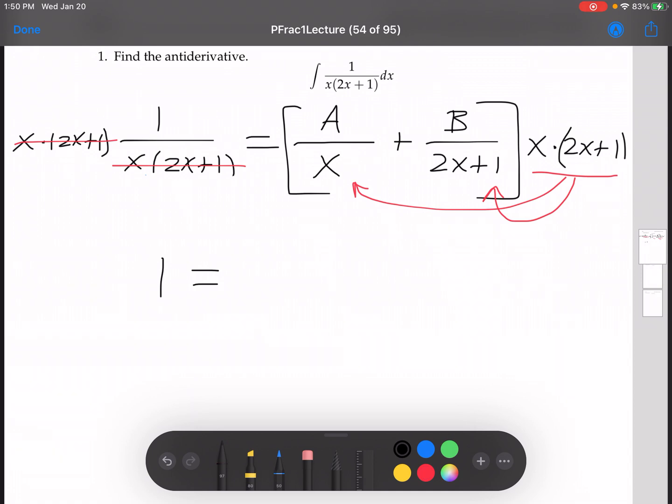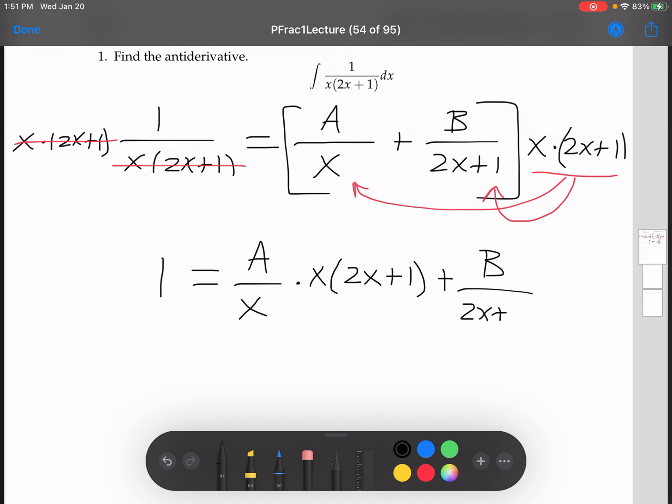All right, so this is equal to A over x times x times 2x plus 1, plus B over 2x plus 1 times x times 2x plus 1.